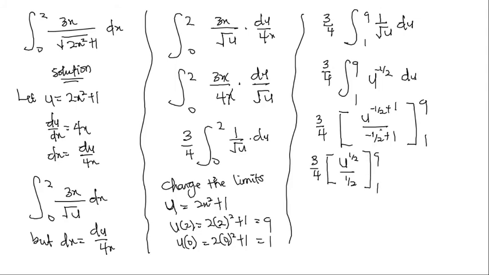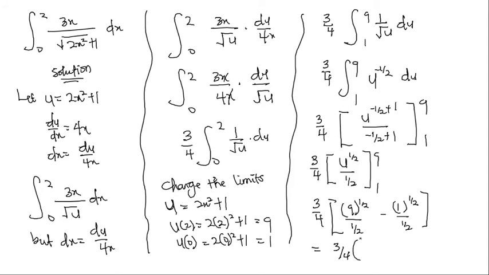Alright, so from here all I need to do is write 3 on 4. Then I bring 9 here, 9 raised to the power half divided by half, minus, then I substitute 1, so it will be 1 to the power half on half. So this will be equal to 3 on 4.